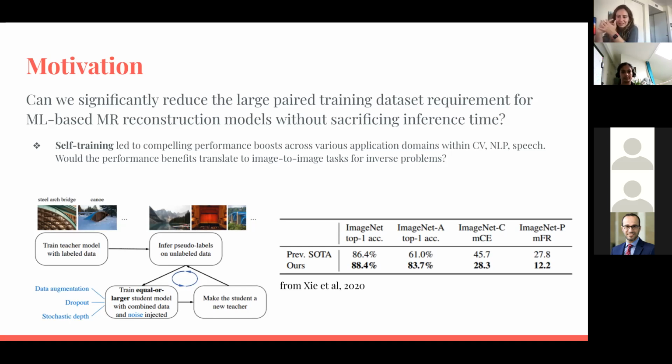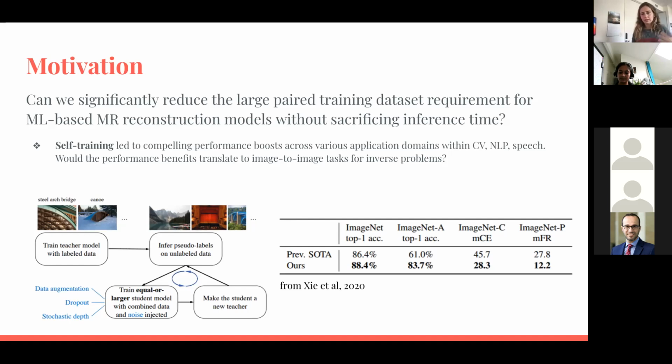It seems like a pretty simple idea, but this is from a paper, I forget the exact name, the original one: Self-training with Noisy Student Improves ImageNet Classification. They're showing pretty impressive improvements in the in-distribution case, and particularly for ImageNet-A and ImageNet-P, which are the robustness data sets.